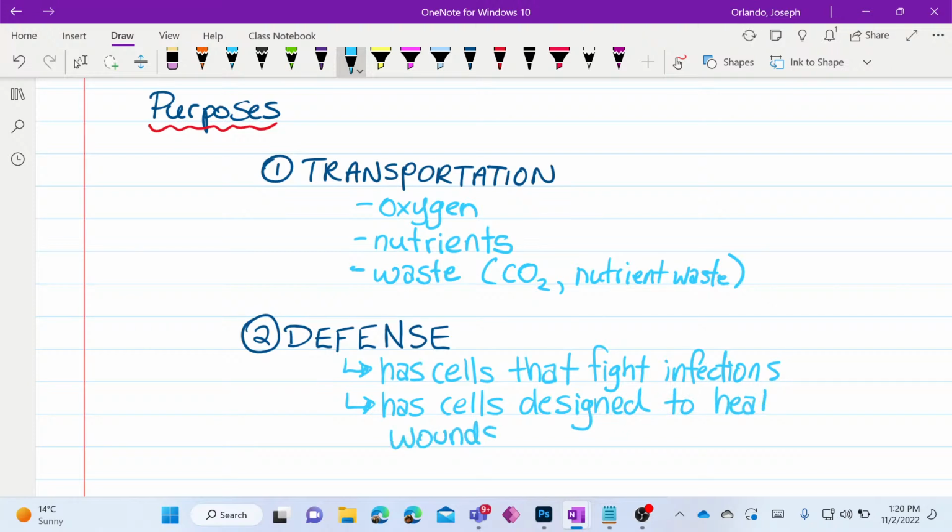So if you suffer an injury, your blood will move white blood cells to that location to attack any foreign entities that may be entering your bloodstream, which is important. But then it also has cells that are designed to heal that wound and close it up.